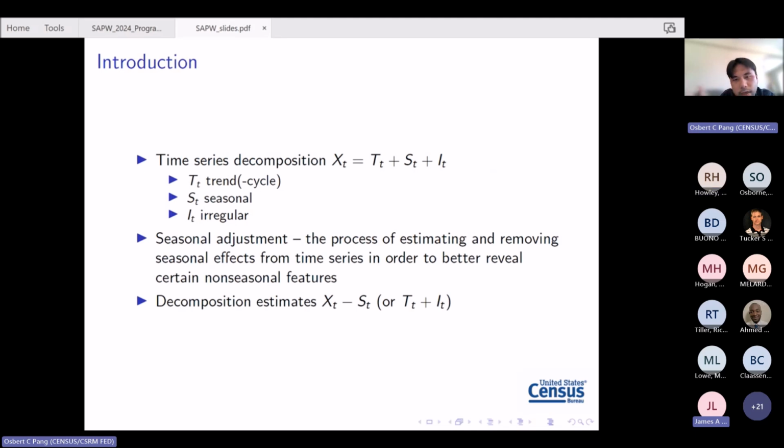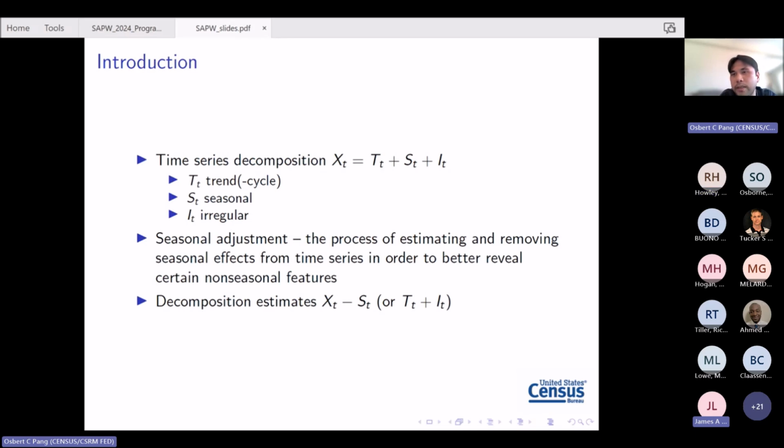So, this is a generic introduction. We have a time series. Typically, we decompose the series into broadly a trend cycle component, a seasonal component, and an irregular component.